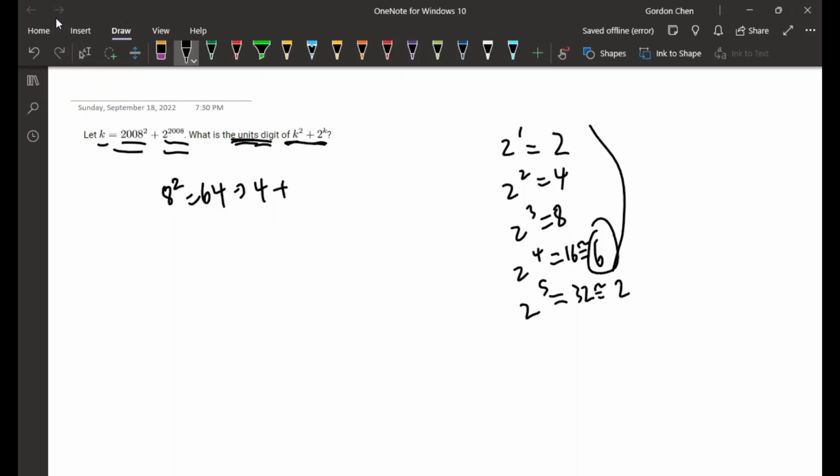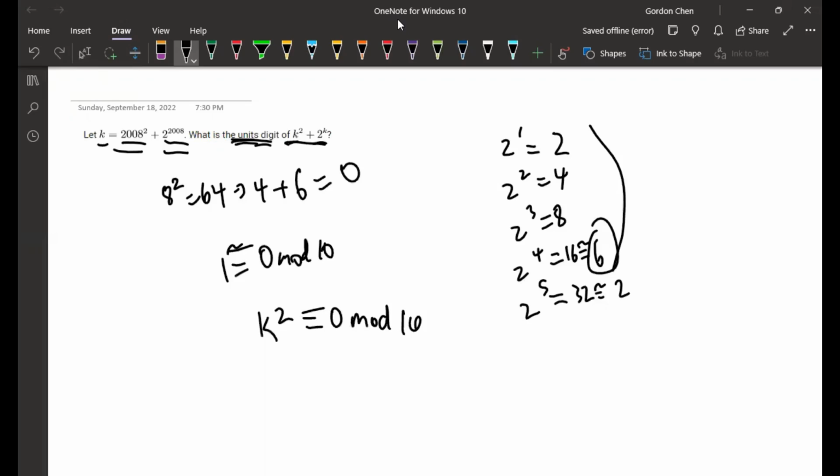And so we have k is congruent to 0 mod 10, and k squared, if k is 0 mod 10, then this would be congruent to 0 mod 10 as well.